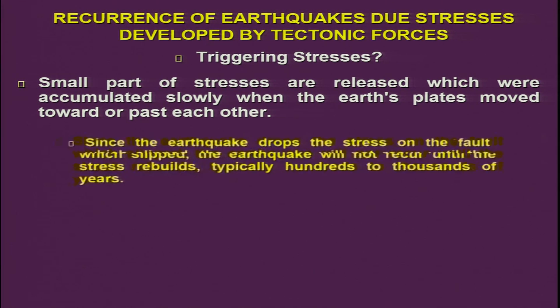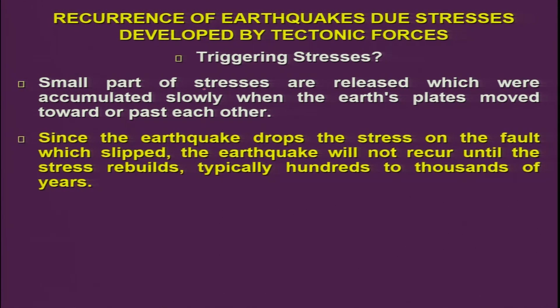This also indicates that not all the stress or energy which was accumulated got released during a single event, but some left out stress can trigger an earthquake in the near future. Or you can say that the release of energy on a particular fault has triggered an earthquake on another one.